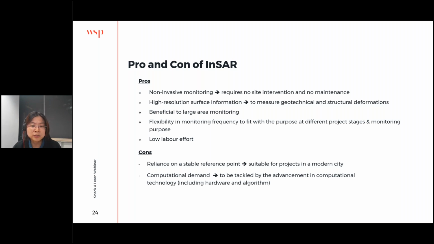So InSAR together with a manual survey as a whole package, rather than InSAR standing by itself. But definitely, because it shares information with the manual survey, it provides us more information and supplements the missing parts, especially for areas that we are not able to reach, let's say hill areas. Then it will be very good.